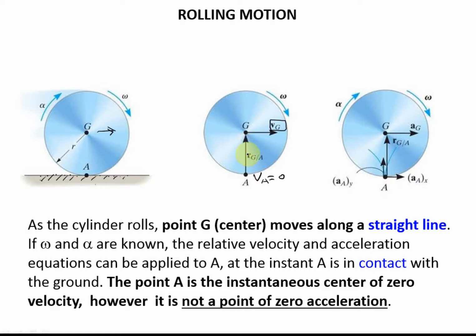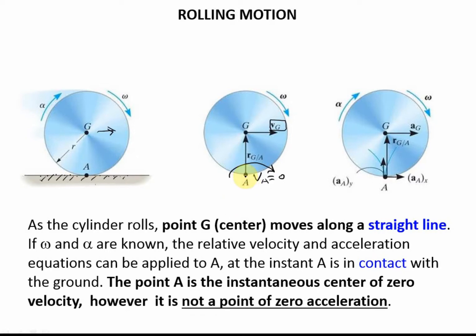Then we can analyze this motion as if the wheel is rotating about A at this instance, at least. Physically everything is rotating about G. However, when we analyze velocity or acceleration of any point on this cylinder, because A is the instantaneous zero velocity point, we can analyze this motion as if everything is rotating about A at this instance.